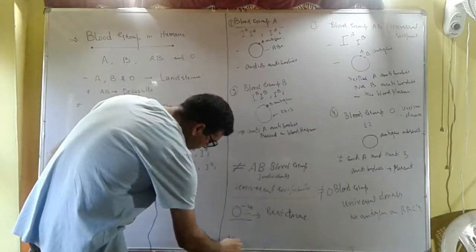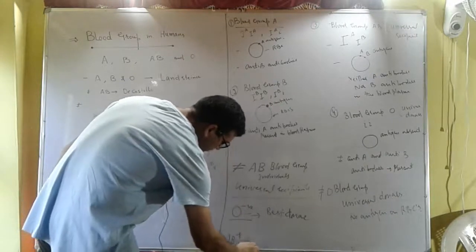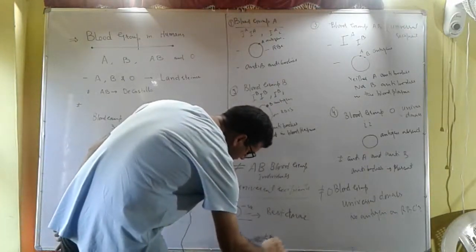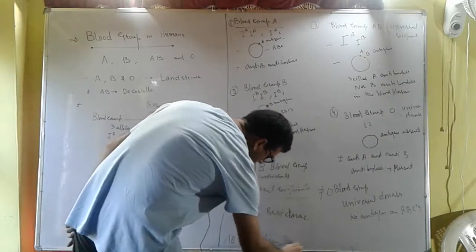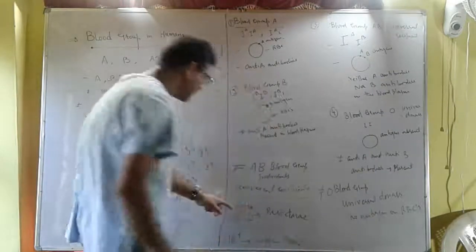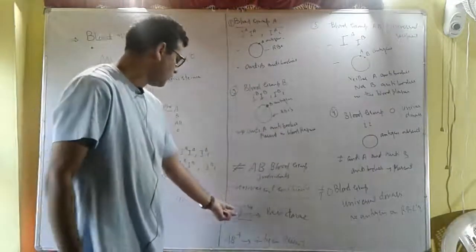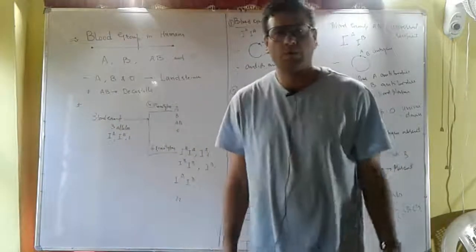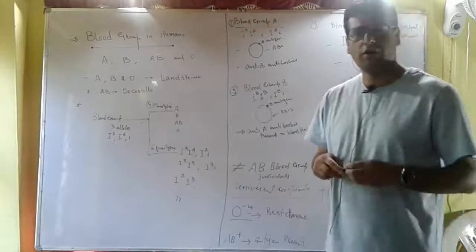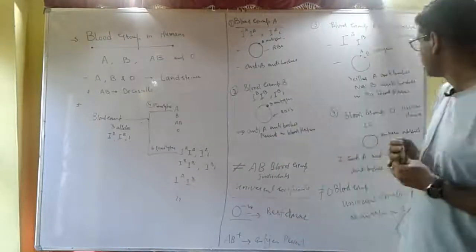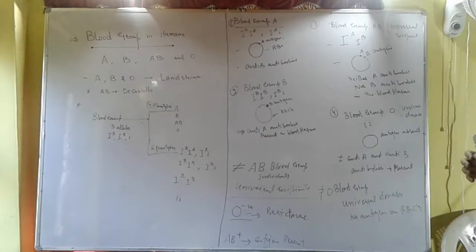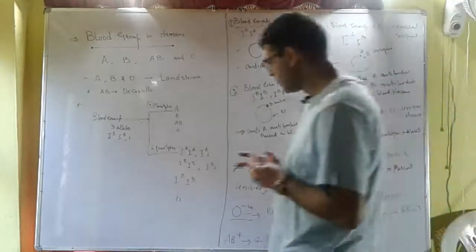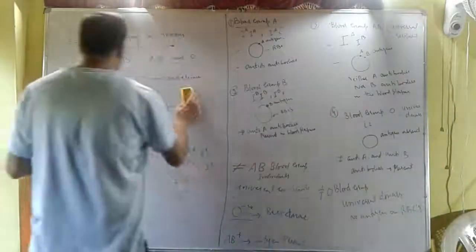And sometimes we write AB positive. Positive means antigen present. So O negative means antigen is absent, and blood group O individuals are best donors. Blood group O individuals are universal donors, and blood group AB individuals are universal recipients. Then we can show it like this.